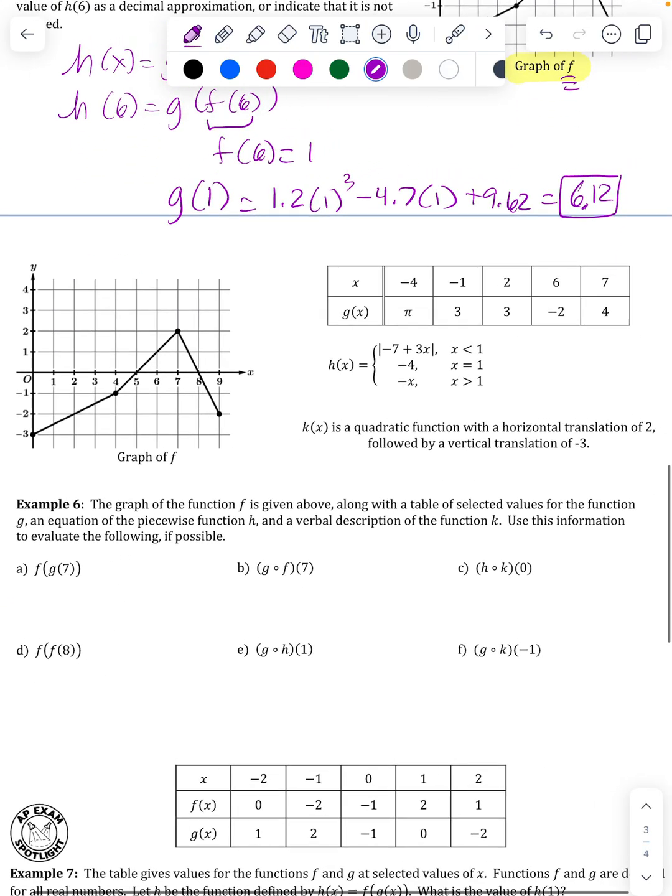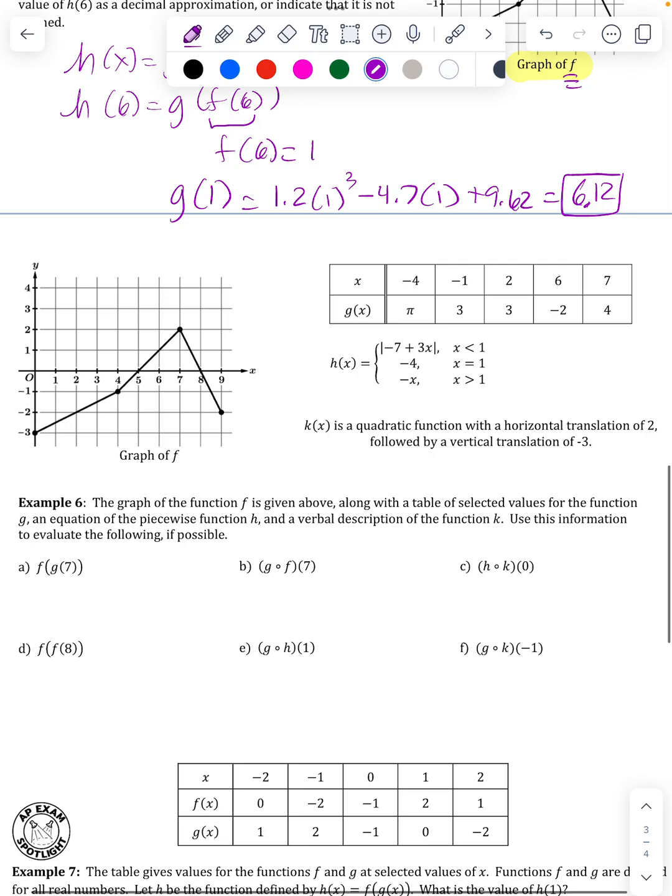Here, there's 3 ways. They give you function f right here, which you'll find your outputs by looking up your inputs as xy pairs. Then here is function g, and this piecewise function h, and then k they describe. It says it's a quadratic function with a horizontal translation of 2 and a vertical translation of -3.